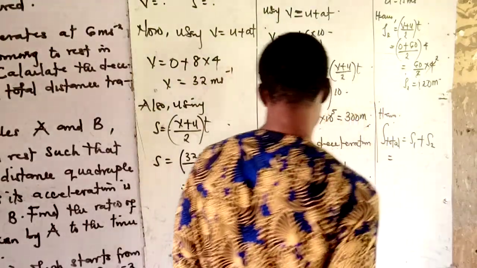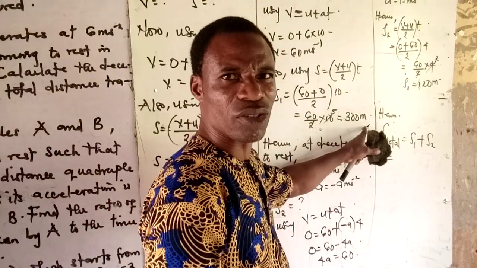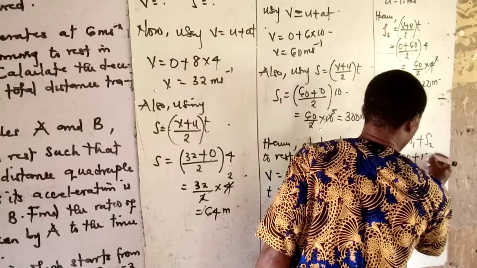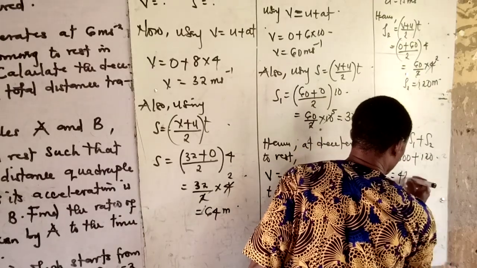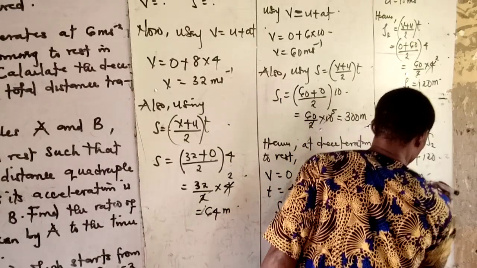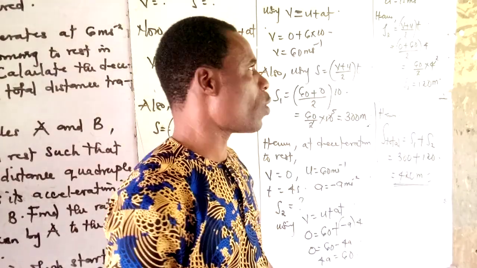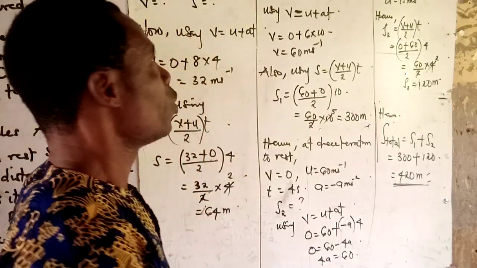What is S1? Your S1 here is 300 meter, plus S2, 120, making 420 meter. So that is the answer to the second question.